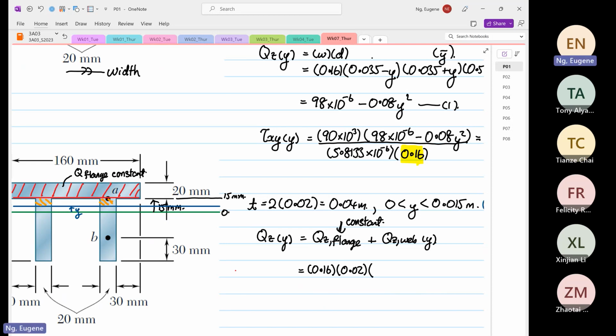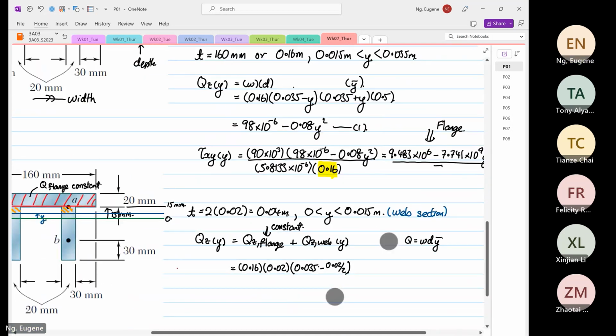The y bar is 0.035 minus 0.02 divided by 2. So that is the constant first moment of area for the flange. Then now we have to add.